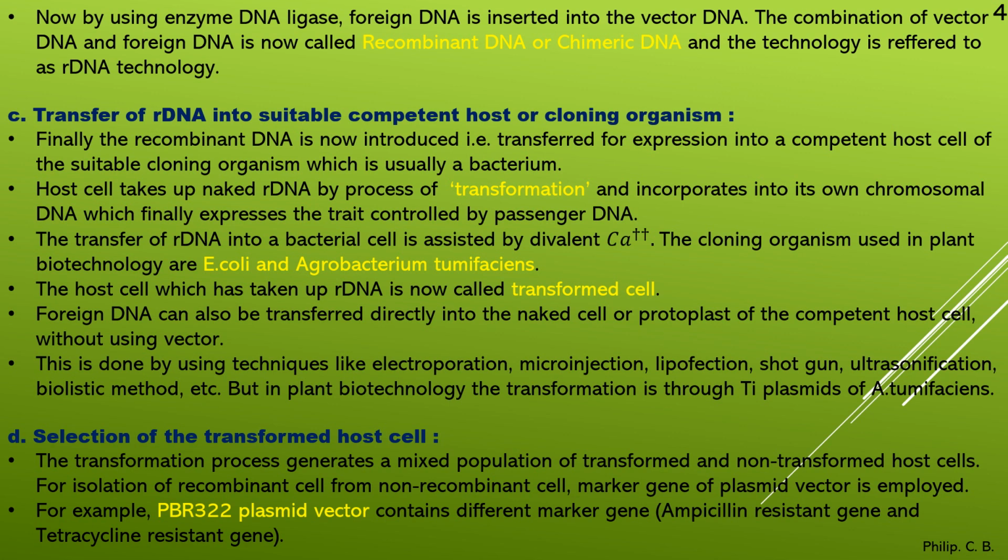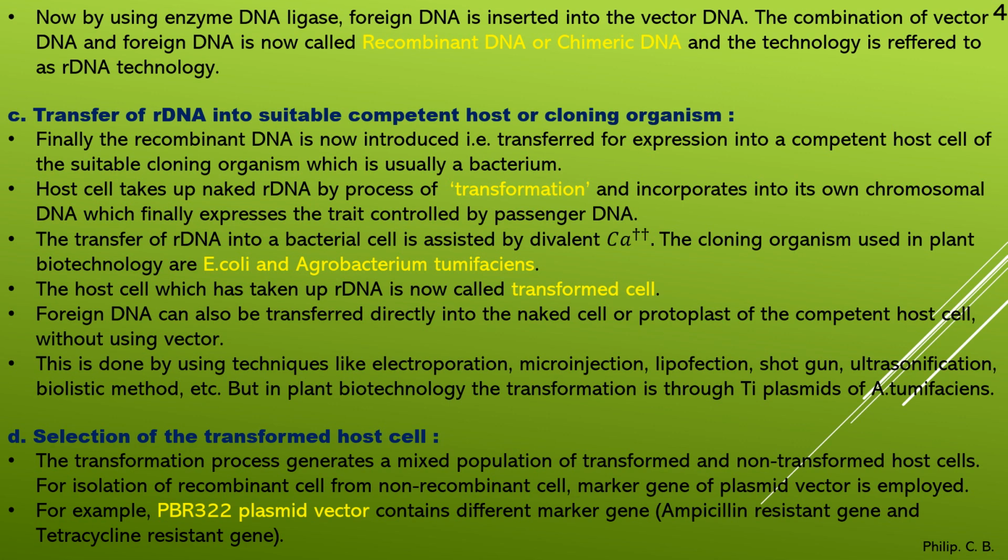Just as I mentioned in the beginning of the slide, we saw the bacterium from which the plasmid is taken, or the vehicle vector in which the desired gene is inserted and the cloning is carried out, and the entire technology is called rDNA technology. Third part, transfer of rDNA into a suitable competent host or cloning organism.